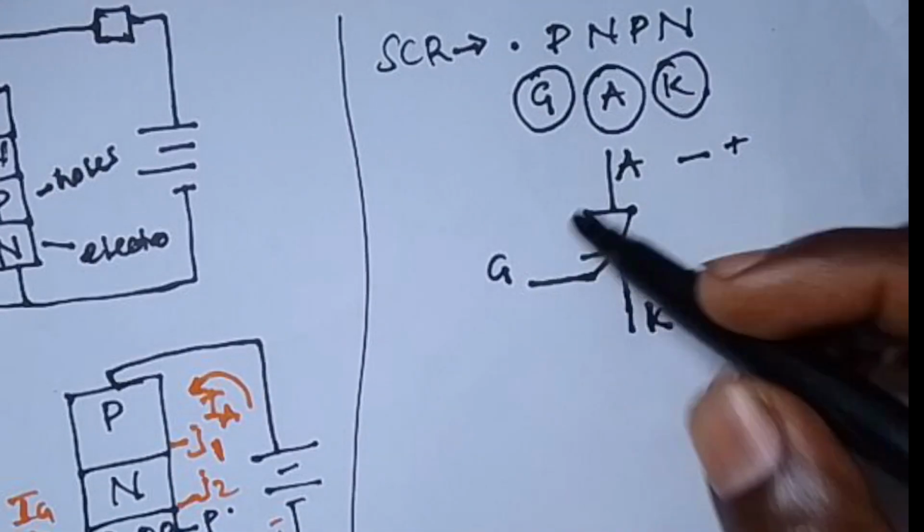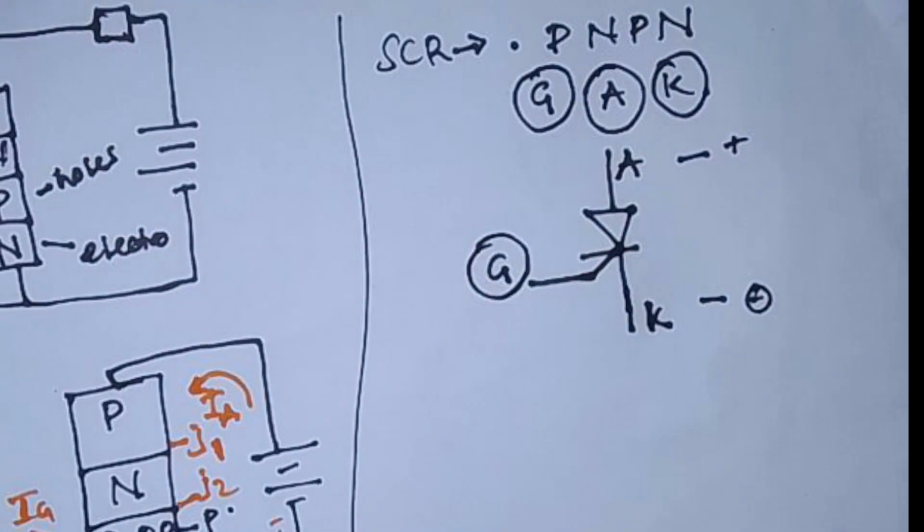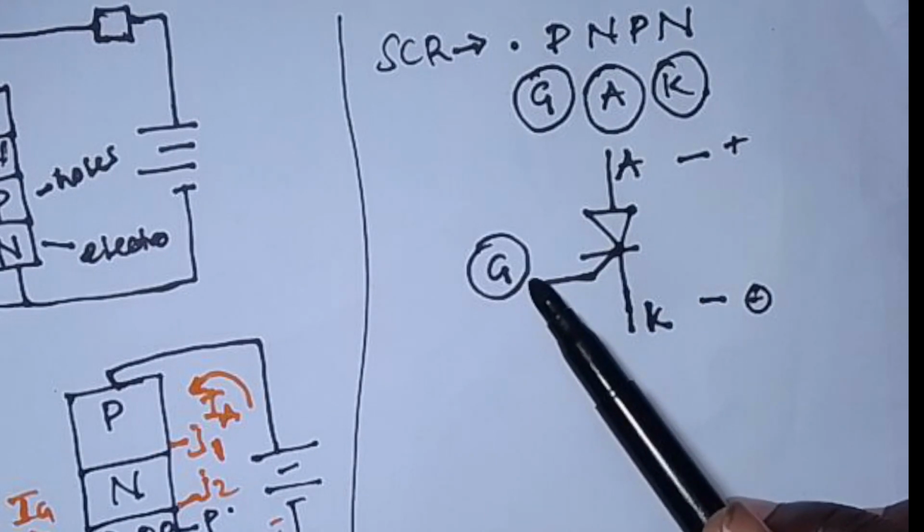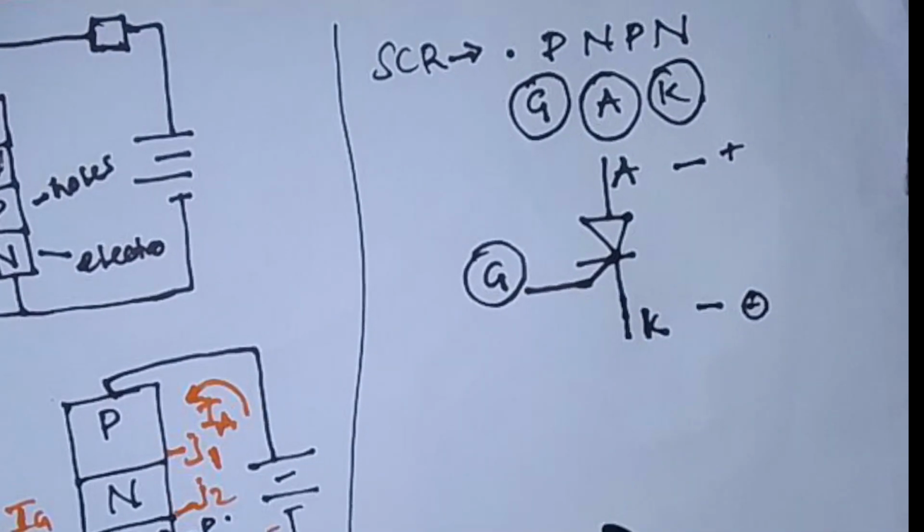Now the gate terminal here is what is used for controlling the output, because it is a silicon controlled rectifier. So to control the output, we need to control it by using the gate.